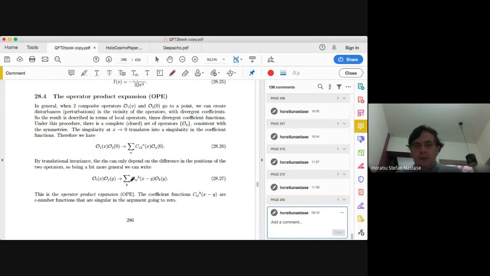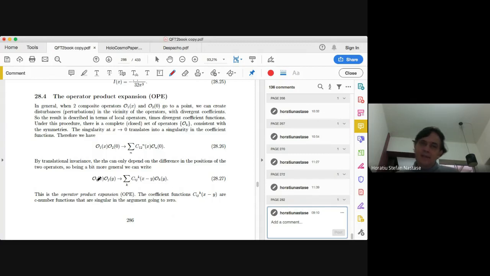So what I know for sure is that there's a sum over the operators in the theory times coefficients C_ijk, with operators O_k. Now what I meant when I wrote the sum over k with operators O_k is that there's a complete set of operators in the theory, O_k, that are complete under this procedure of products of operators.